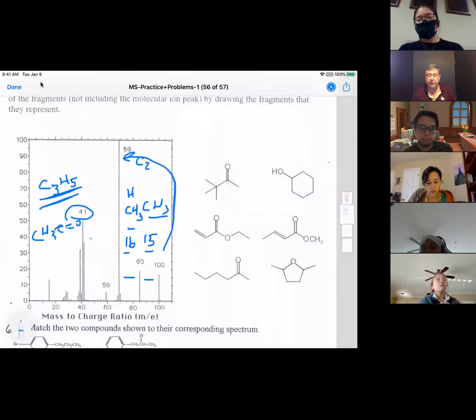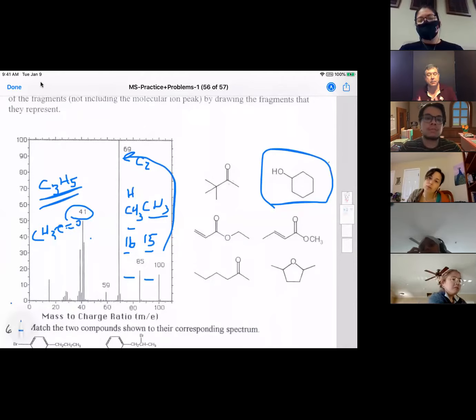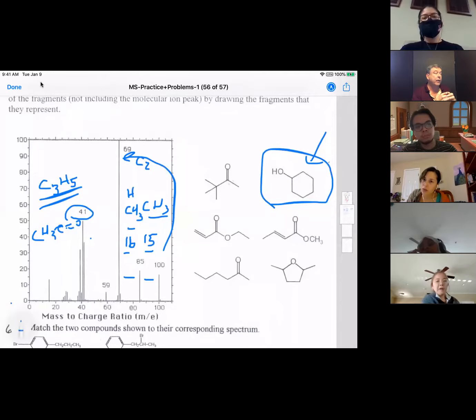Okay, so let's start with this one, because this follows one of our rules, okay? What mass do we expect to be our primary mass from something like this? Okay, if it's a ring, remember the rings are much more stable. And so it would clip off an oxygen and remain the ring, okay?